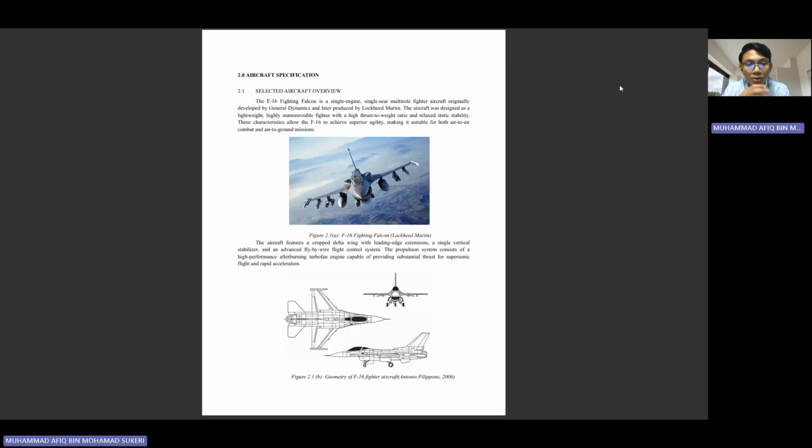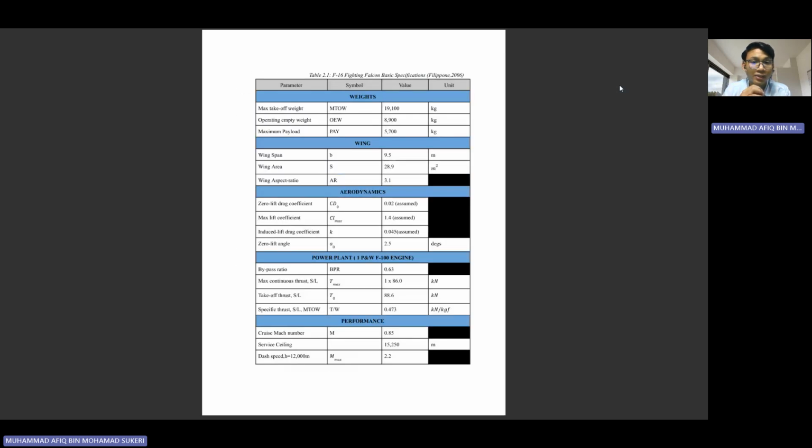All right, moving on to my selected aircraft overview. This is the overview of the F-16 Fighting Falcon. It's a combat aircraft. This is the geometry and the basic specification of the aircraft that I have obtained from reliable sources, mainly from the textbook.